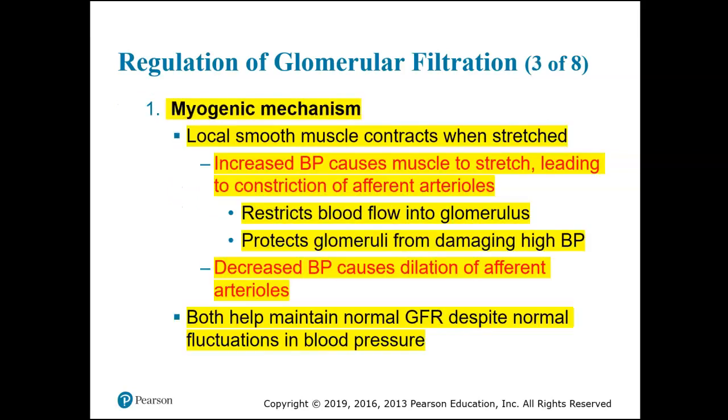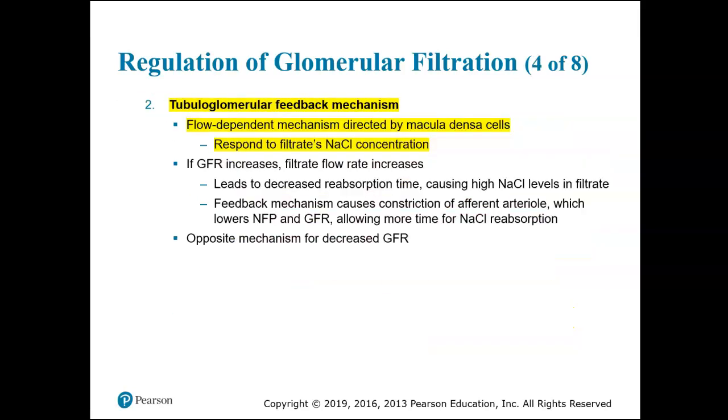And the tubuloglomerular mechanism has to do with sodium chloride concentration, salt concentration, and that is detected by the macula densa cells. So as filtrate rate increases, there will be high levels of salt, sodium chloride, in the filtrate.